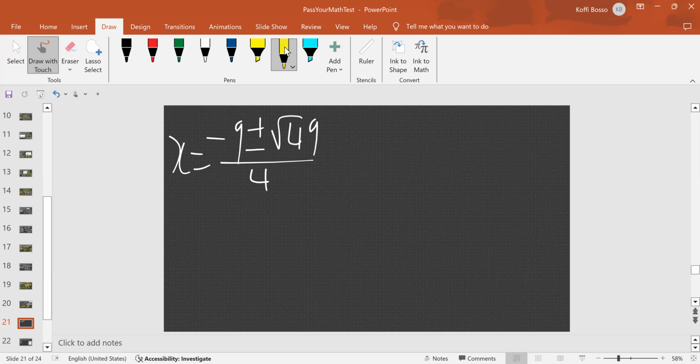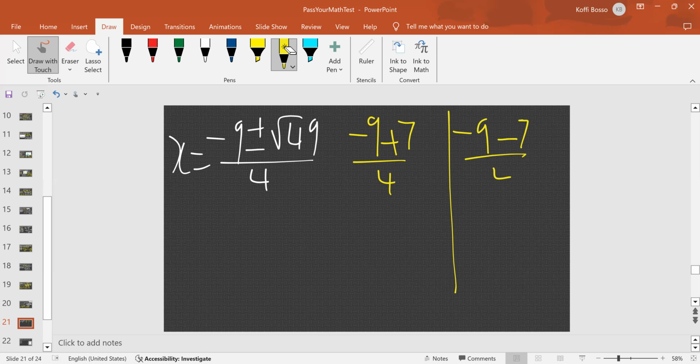One solution will be negative 9 plus square root of 49, which is 7, divided by 4. The other solution will be negative 9 minus 7 divided by 4. Understand that the positive sign here came from this one, and the negative sign here is from this one.